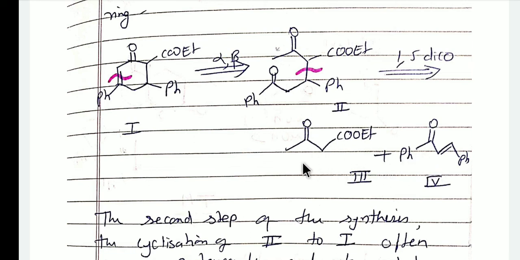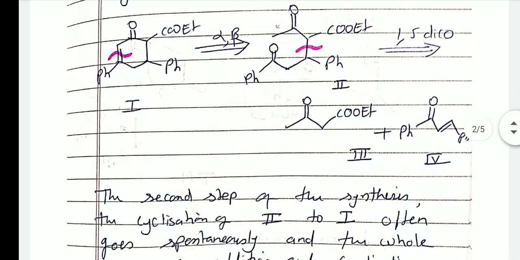For the synthesis of this target molecule, these two compounds, third and fourth, are the starting materials. When we carried out the synthesis of the target molecule, the second compound converts into the first compound.